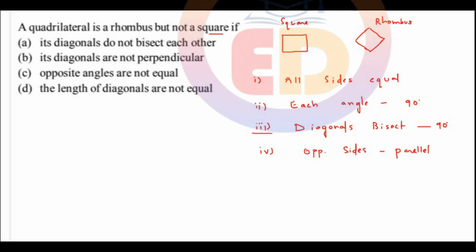So most of the properties are followed by both square and rhombus, but now coming to the major point of difference. Remember that in square each angle is 90 degree and in rhombus opposite angles are equal.